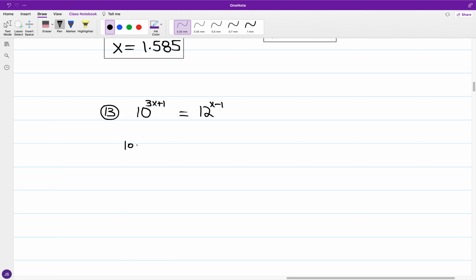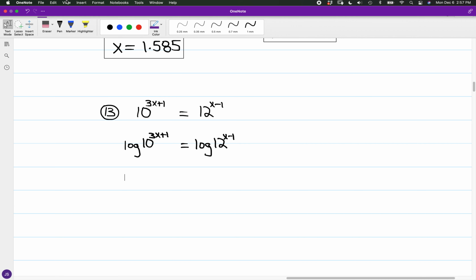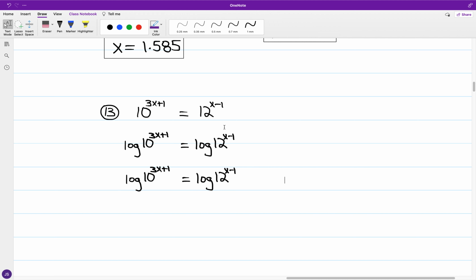So let's go with log on both sides here. And just to restate, anytime we have log, that's making reference to a base 10 logarithm.